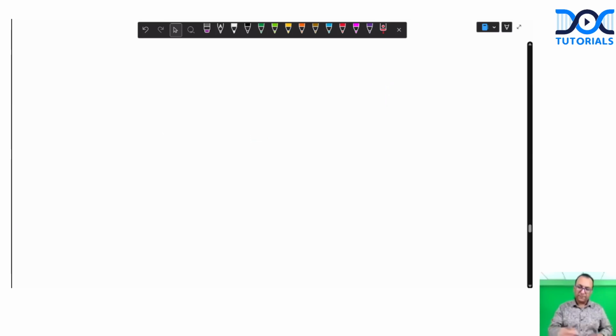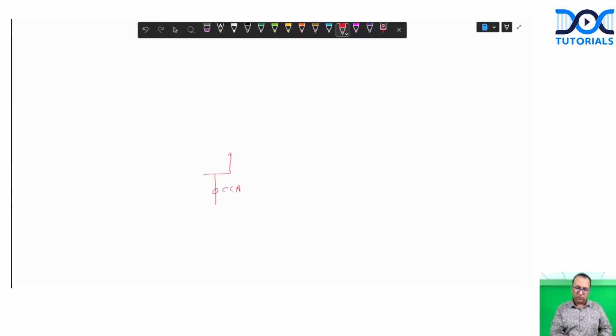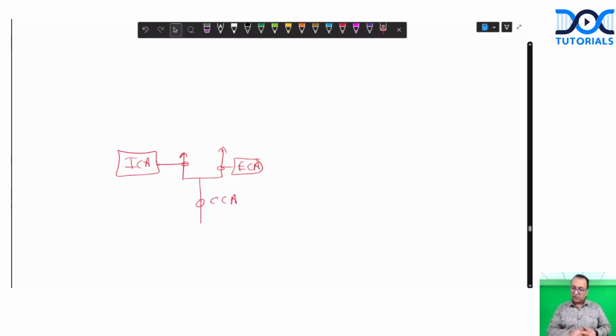Total 8 branches. We are mentioning this is the common carotid artery, bifurcating into 2, which are the internal carotid artery and the external carotid artery. And the external carotid artery is giving us 8 branches.